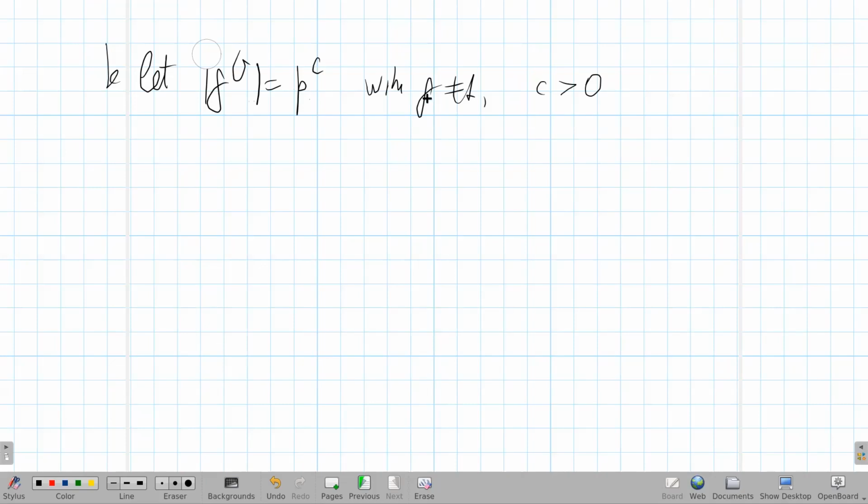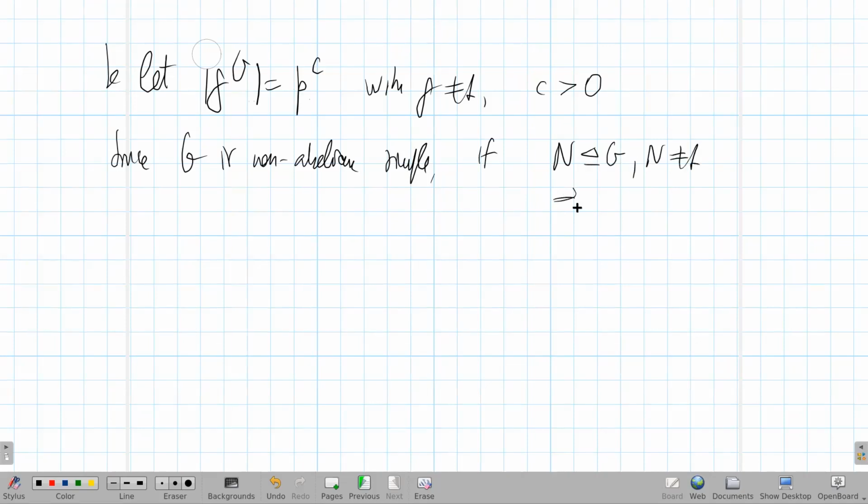But then you see, since G is non-abelian simple, we have two facts. If N is a normal subgroup of G, N different from G, then N is 1. Okay, because non-abelian simple means that the only normal subgroups are G and 1. And moreover, the center of G has to be 1, because the center is a normal subgroup.